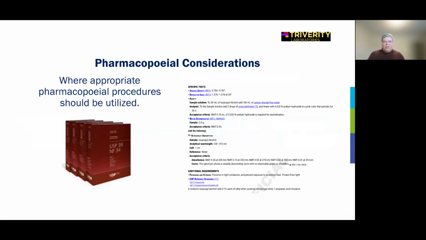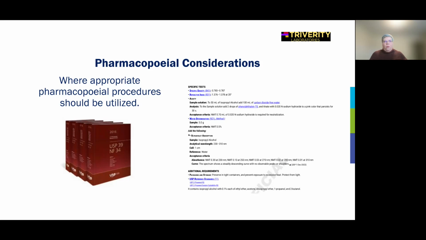Pharmacopoeial considerations. We've talked a little bit about the general chapters and a little bit about monographs. Per ICH, where appropriate, pharmacopoeial procedures should be utilized. And the thing you need to think about when you're using a compendial method is that a lot of times a monograph was developed based on potentially just one manufacturer's process.